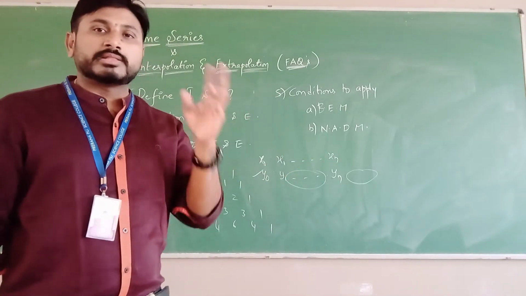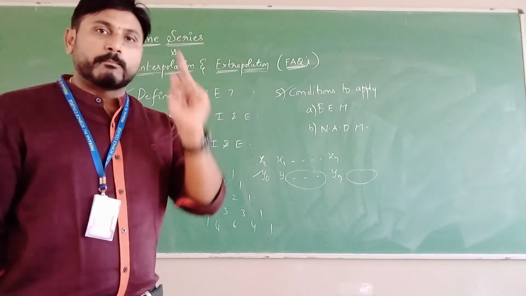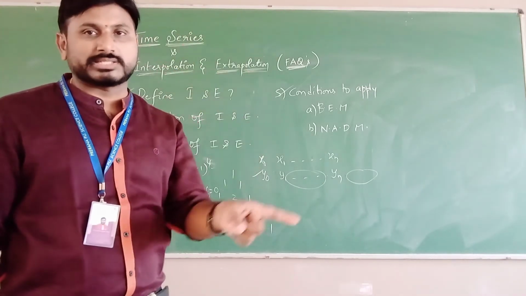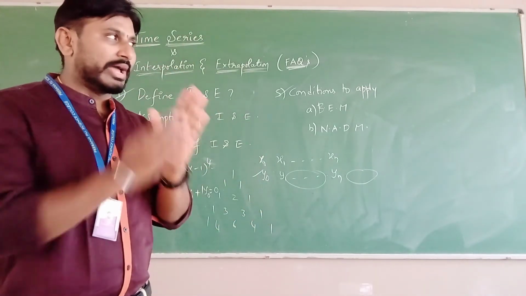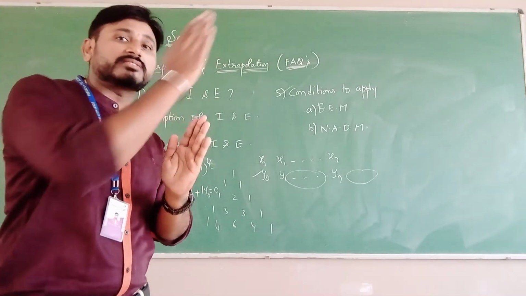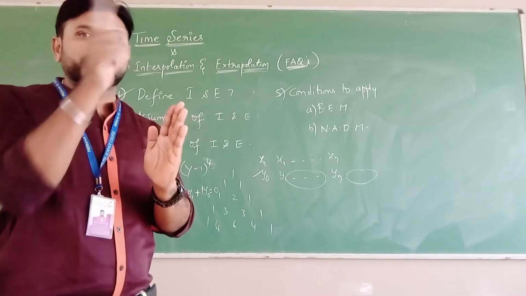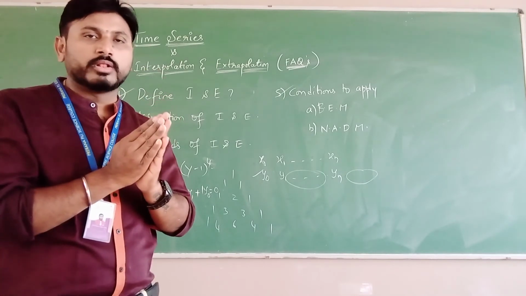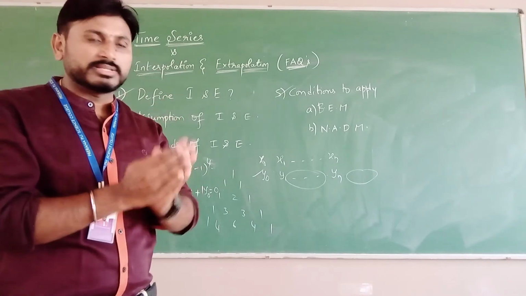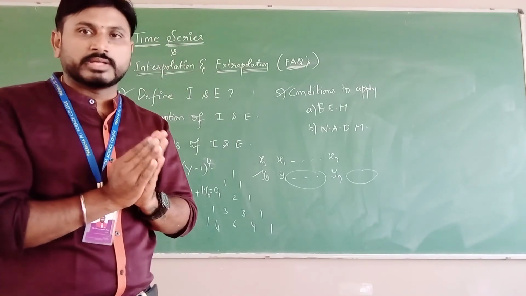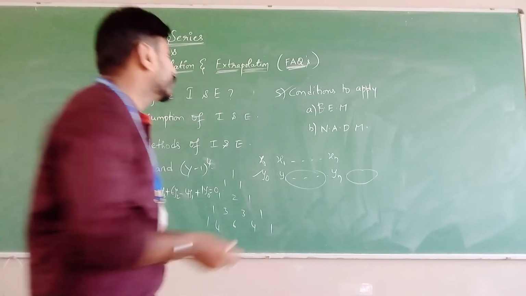Condition number 2, the missing value of y must correspond particularly to a known value of the independent variable x, right? Suppose y3 is missing, exactly the missing y3 must correspond to x3. There should not be any sudden jump, remember. So for y3 we cannot observe x4 or x5. y3 missing means exactly x3 only should be observed, the known value of x. This is condition number 2.